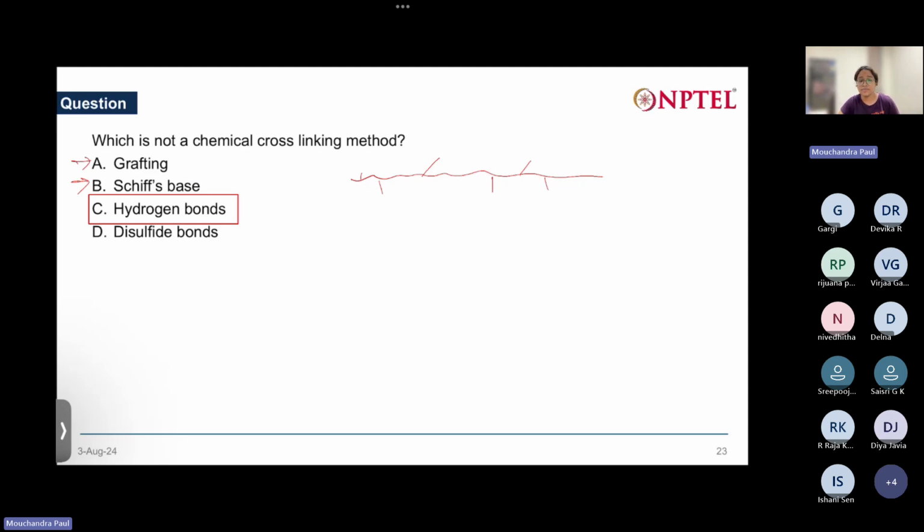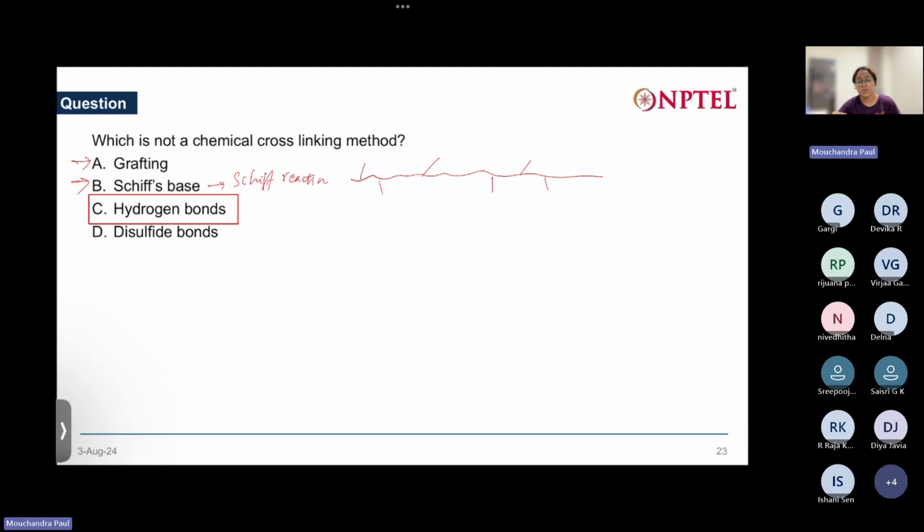Whereas Schiff's base is actually a group of chemicals involved in the Schiff reaction. It's basically a chemical reaction where an alcohol and an aldehyde react.